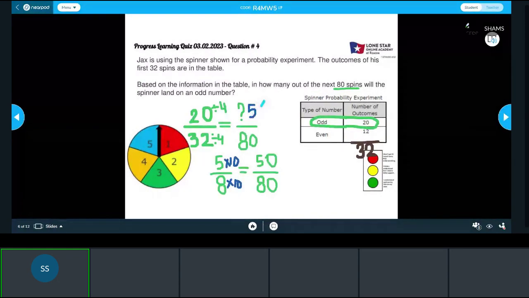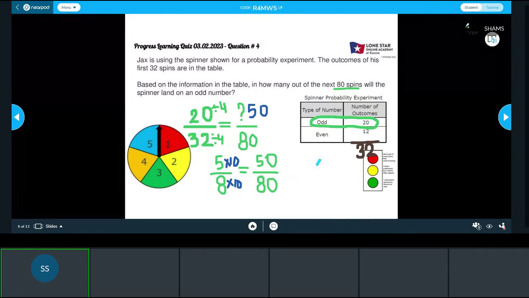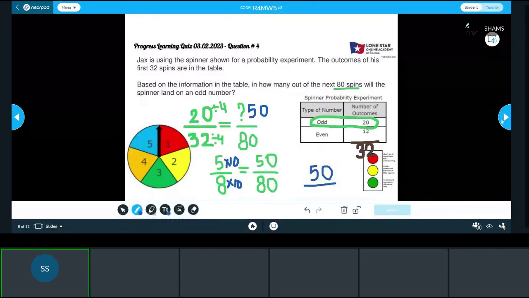Then 50 times the spinner will land on an odd number if the spinner is spun 80 times. The answer in this one will be 50, not a fraction, but the answer will be just 50 times you can expect the spinner to land on an odd number.